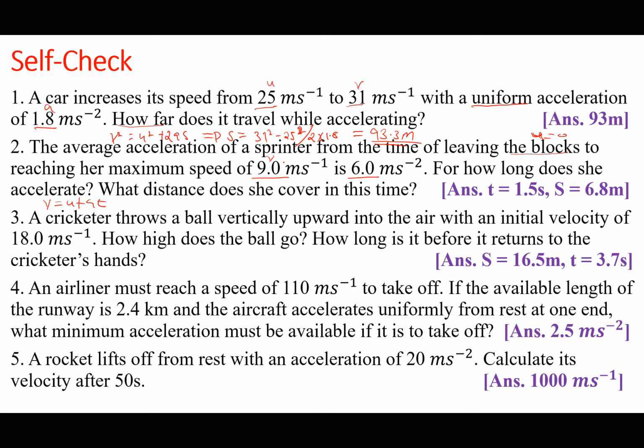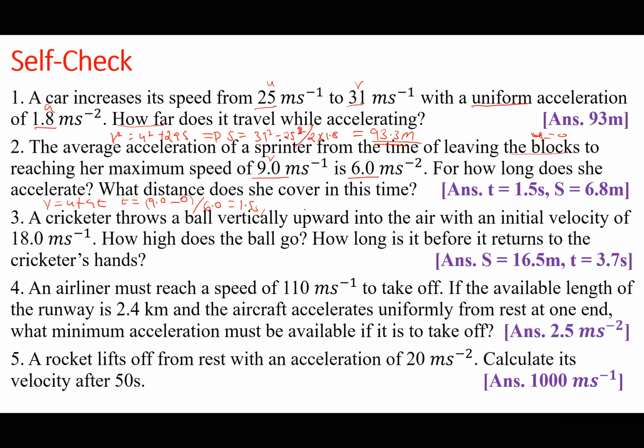V is 9, so t is going to be 9.0 minus u, which is 0, divided by the acceleration, which is 6. So 9 divided by 6 is 1.5 seconds.